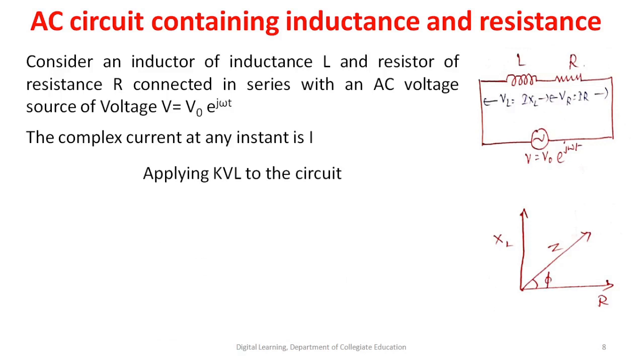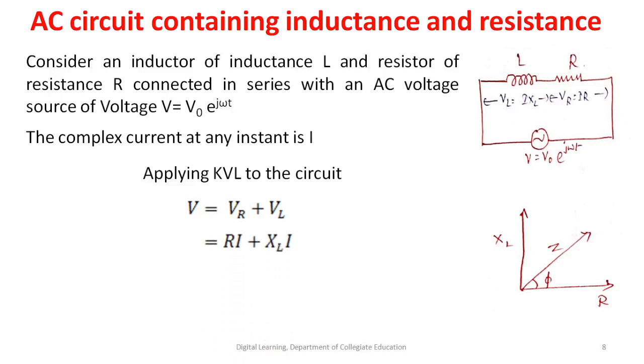Now applying Kirchhoff voltage law to the circuit, where VL is the voltage across the inductor and VR is the voltage across the resistor, V is equal to VR plus VL. That is, the supplied voltage is equal to the sum of the voltage across the resistor and the voltage across the inductor.